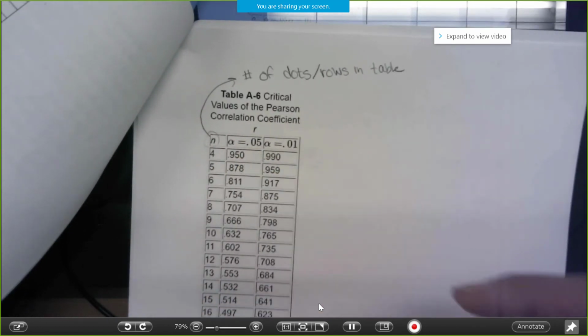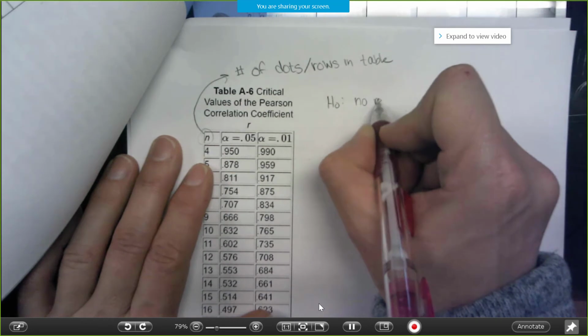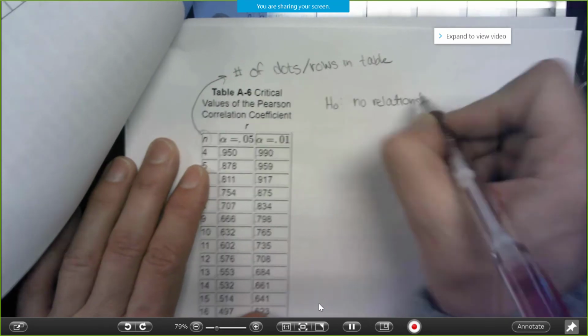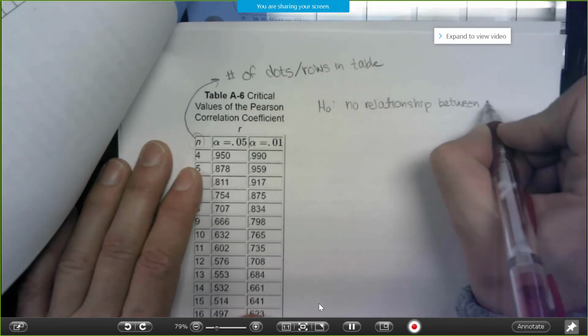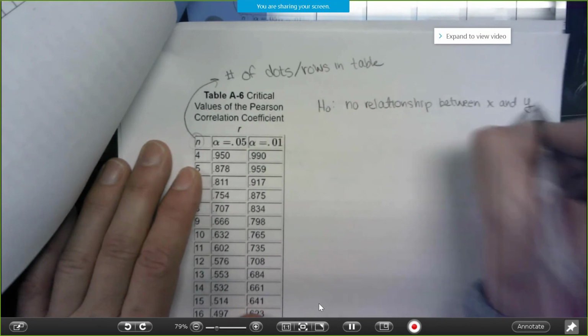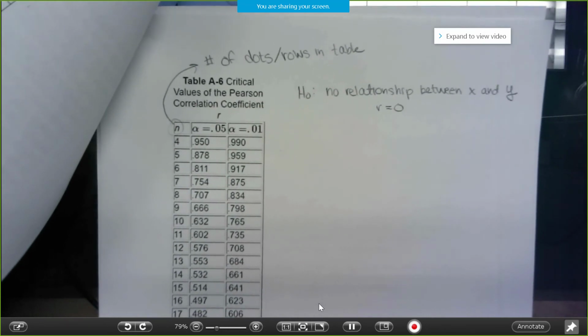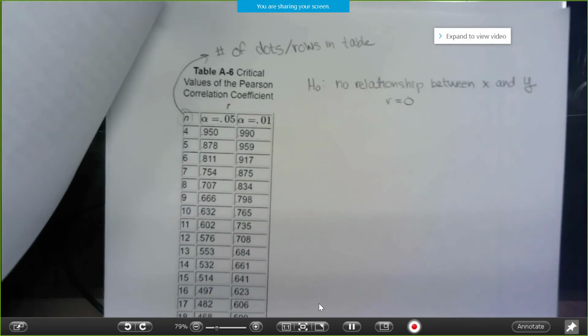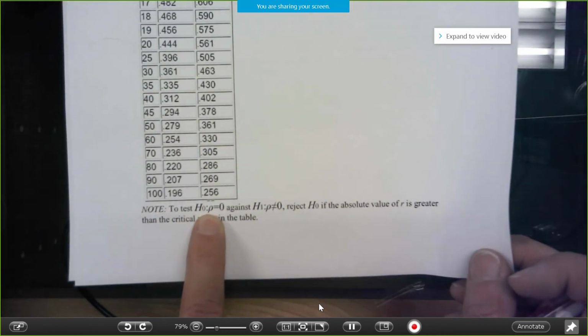And for these values right here, your H naught is that there's no relationship between the variables. There's no relationship between X and Y, which would mean your R equals 0. It's just random. And you see the note, just like with hypothesis tests, they always use Greek letters. So we had mu or p. Here they're using a rho. It looks like a p, right?